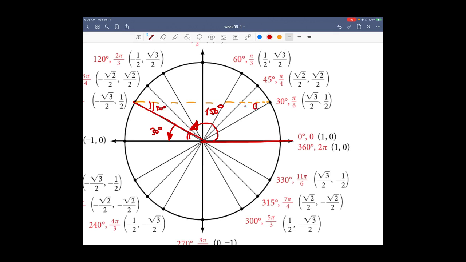Therefore, this is 30 degrees, because this triangle is isosceles, these two sides are equal, they're radii. Now, once we know this angle is 30 degrees, this angle is also 30 degrees, because these lines are parallel.